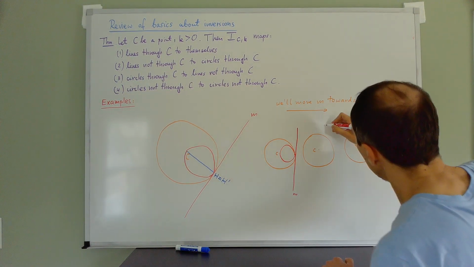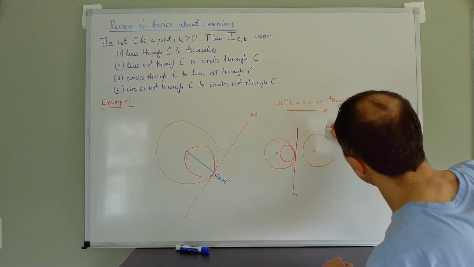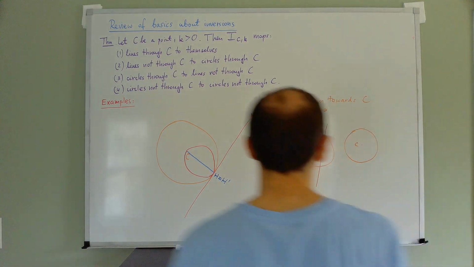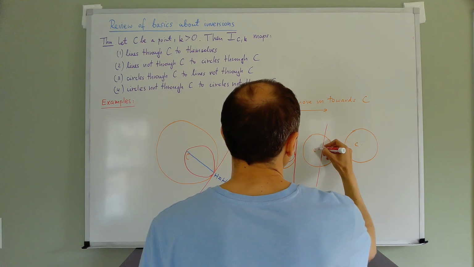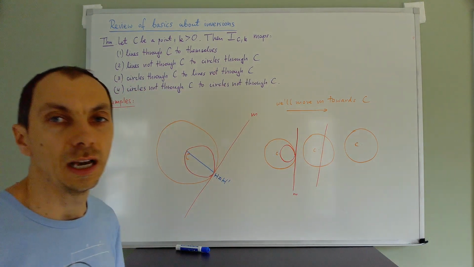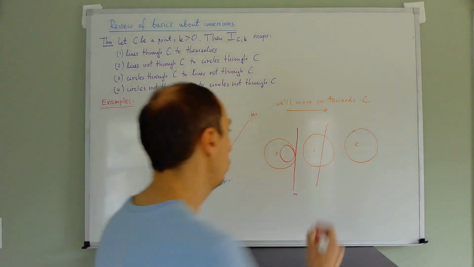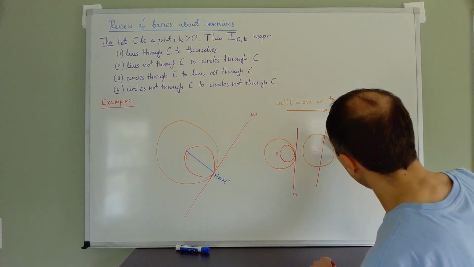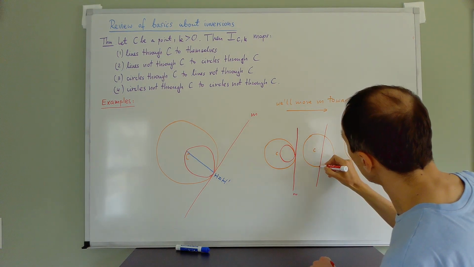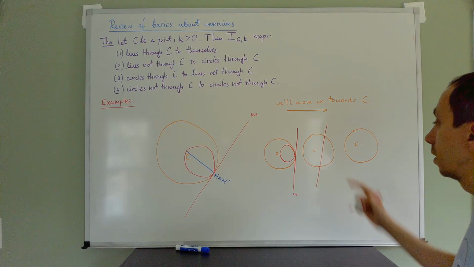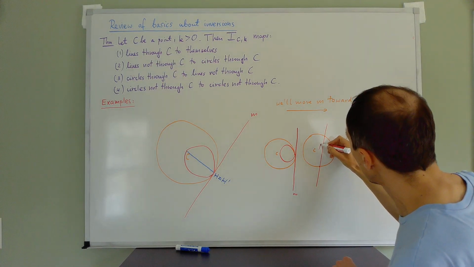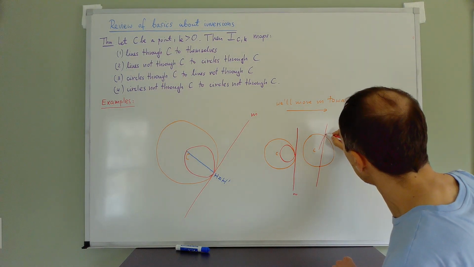Then if I move the line much closer to C, I don't know exactly how to draw the circle, but I know definitely that the circle has to go through C, and it has to intersect the line at these 2 points. So you see the circle has a big diameter.